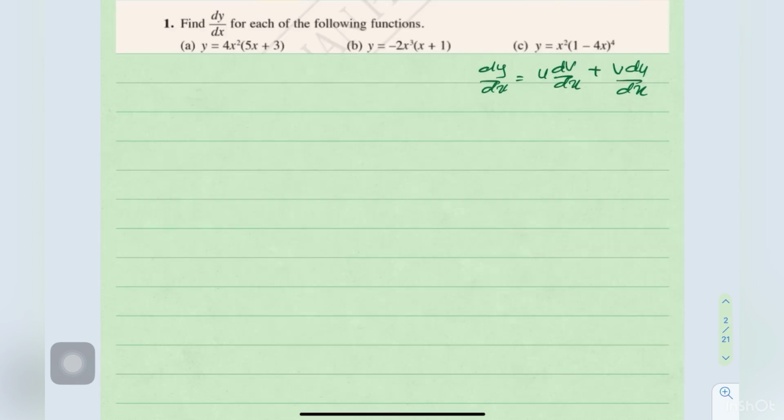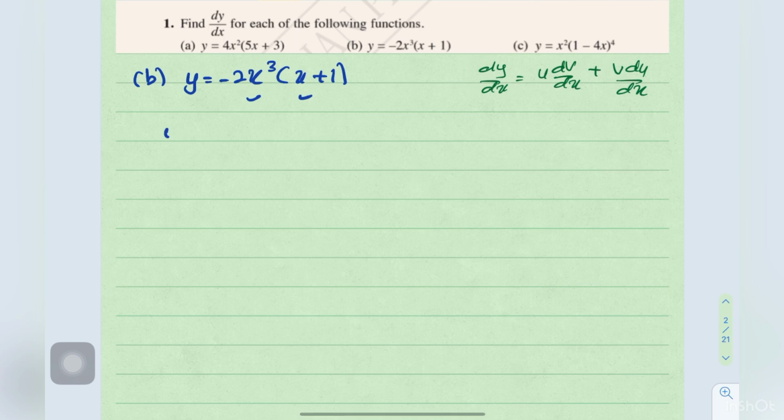Okay, next, number 1b. We have y equals negative 2x cubed times (x plus 1). You can see here this is a product of two functions, so you can use the product rule.